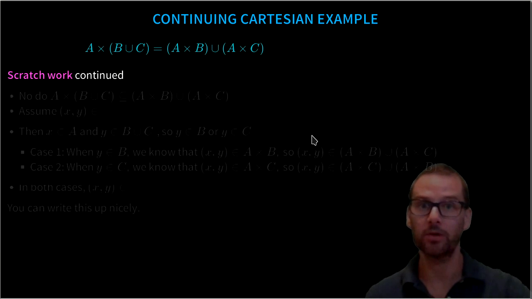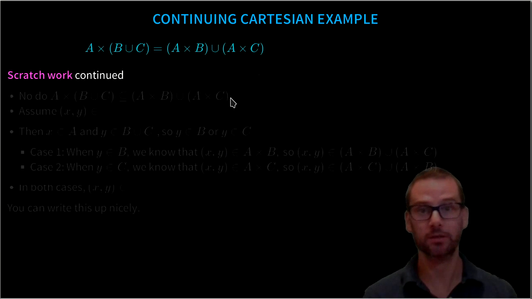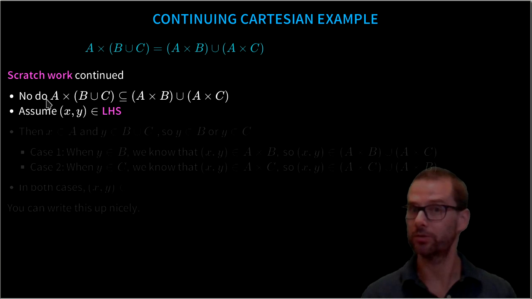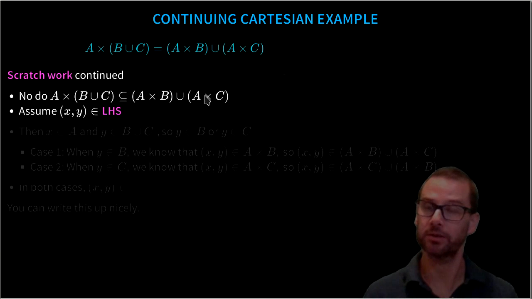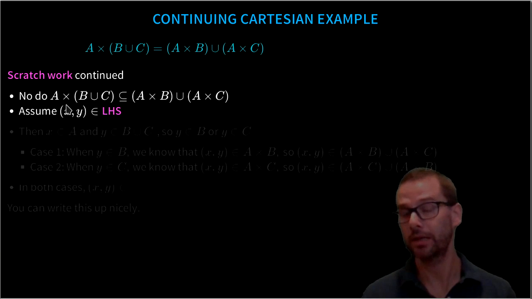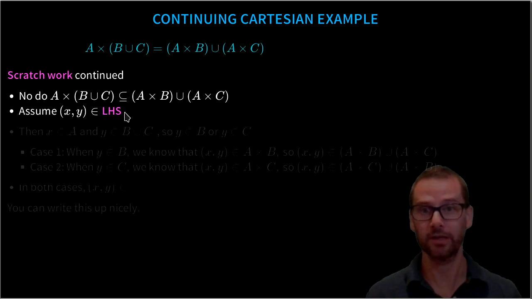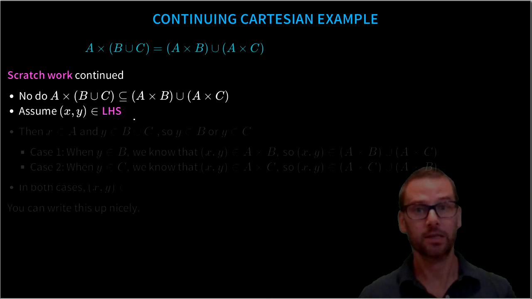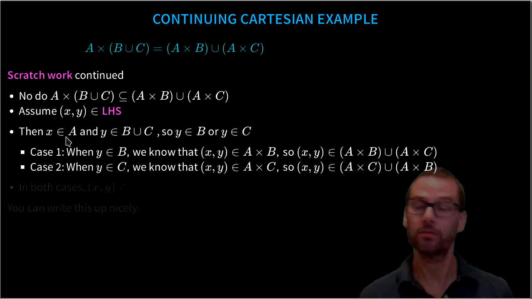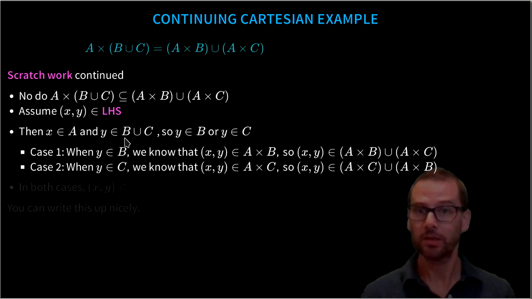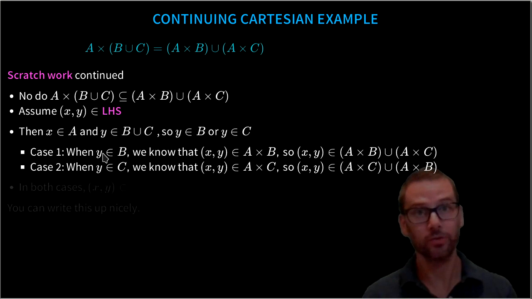Now the other inclusion is going to be quite similar. So continuing our scratch work along, we do that the left-hand side is a subset of the right-hand side. So again, we pull an ordered pair out of the left-hand side. So let's do so. Then we know that x is going to be in A, and then y is in B union C. So that means y is in B or y is in C. So again, two cases.